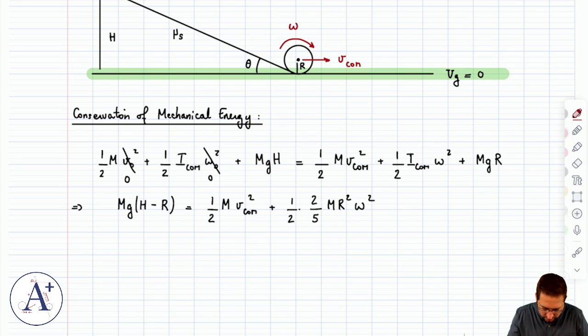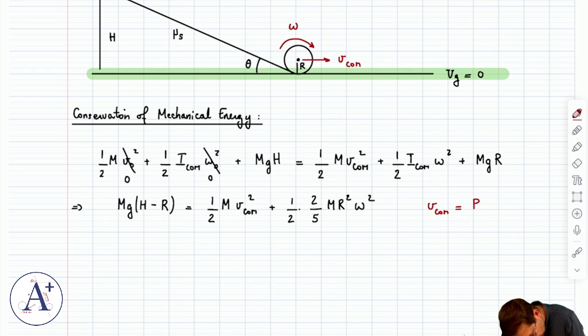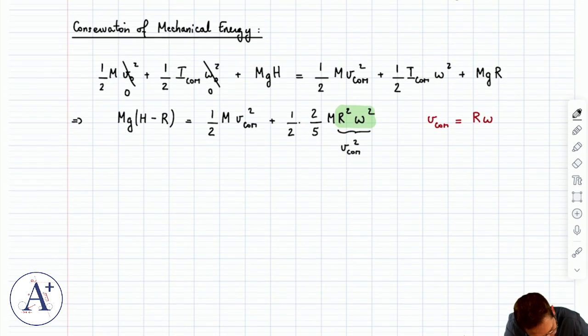But recall that rolling without slipping allows me to write that v center of mass is equal to r omega. So this term right here, which is r squared omega squared, is actually equal to v center of mass squared.